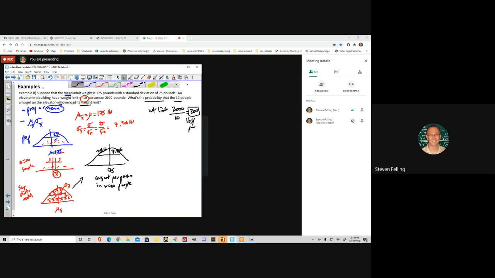So that limit there is a boundary value on this, right? If I go out here, somewhere out here above 175 is 200 pounds per person. And I could figure out how likely that is to happen. Overload would be if the average weight per person is more than 200 pounds.